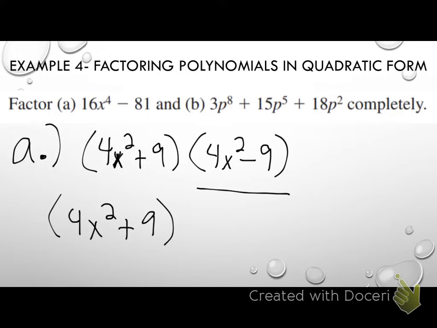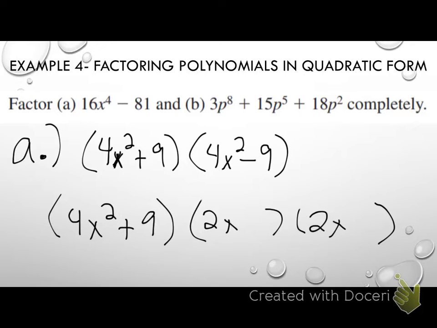Just like we factored the first part of this. Create my two sets of parentheses. How do I find that first term in each set of parentheses again? Square root of 4x squared. What is the square root of 4x squared? 2x. How do I find the second term in each set of parentheses?